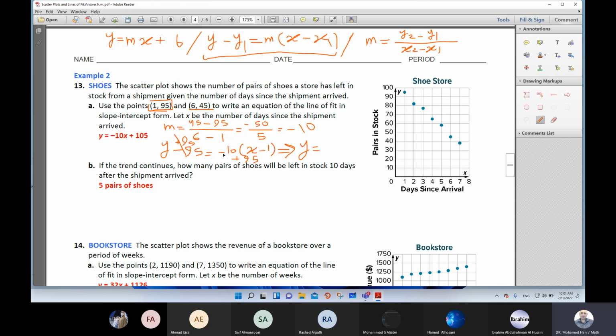Negative 10 times x will be negative 10x. Then negative 10 times negative 1 will be positive 10 plus 95. Ten plus 95 will be 105. So this is the equation.